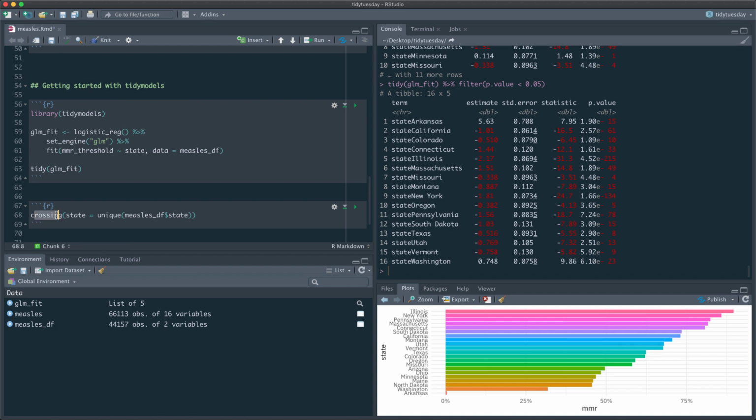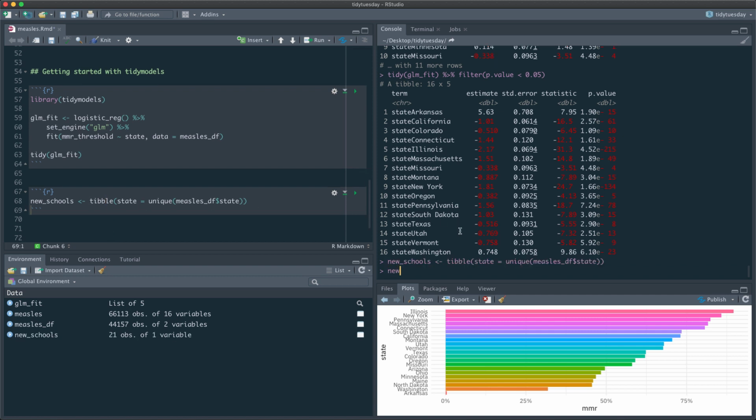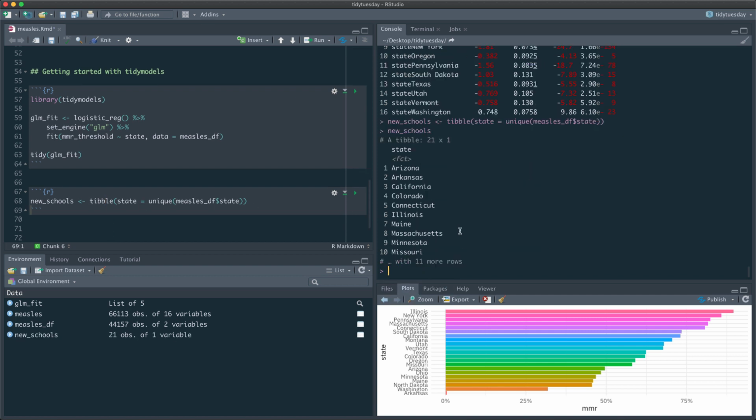We're just going to say tibble. So this is our new_schools, this tibble of all the states that we have, because that's the predictor that we had, state. So we are going to now make some predictions.